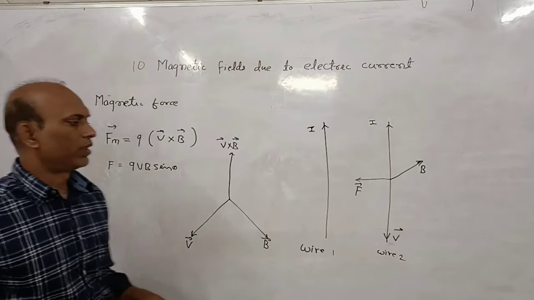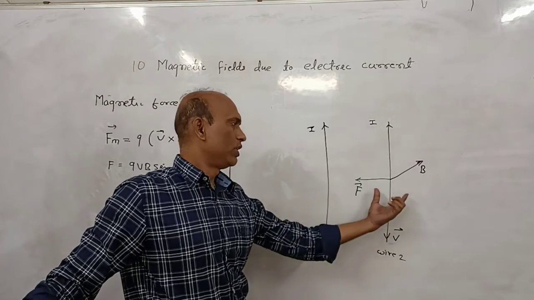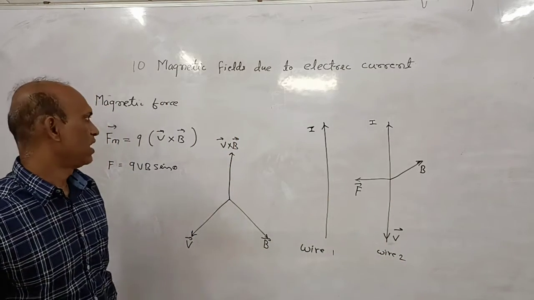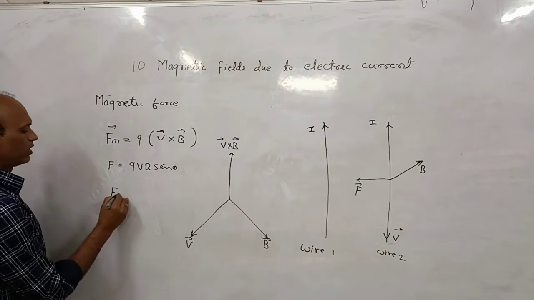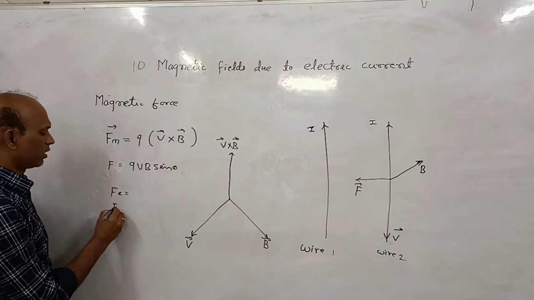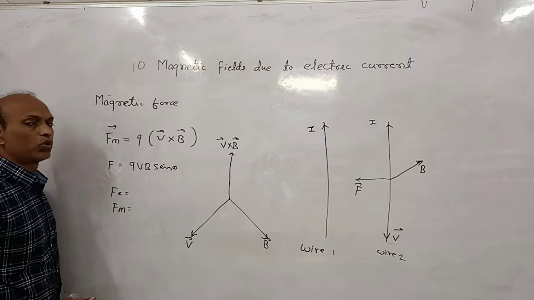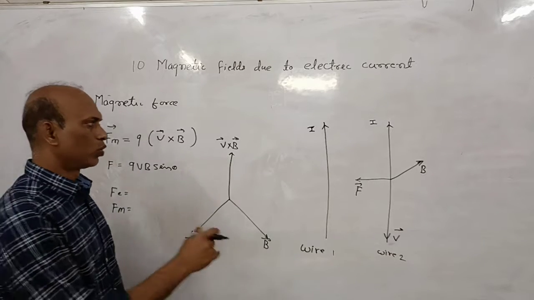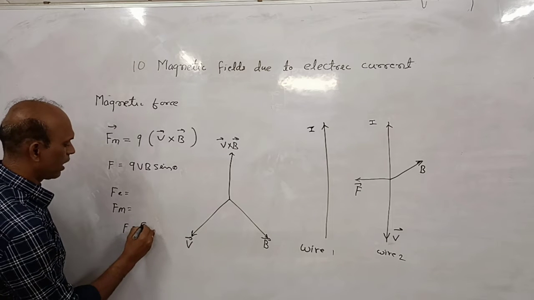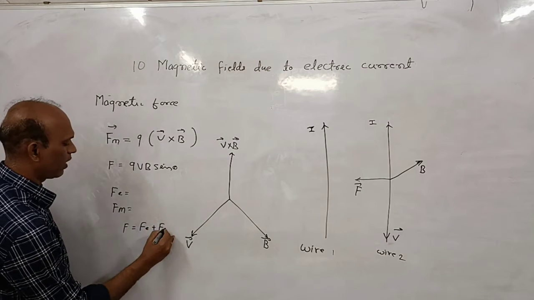Now the force acting on this wire 2 will be of two types. One is Fe, the force due to the electric field, and the second is Fm, the force due to the magnetic field. So the total force will be F is equal to Fe plus Fm.